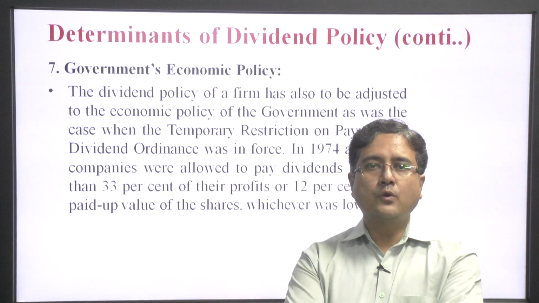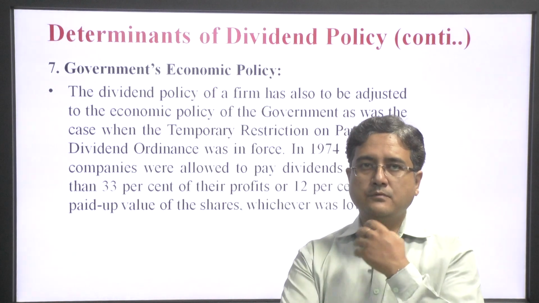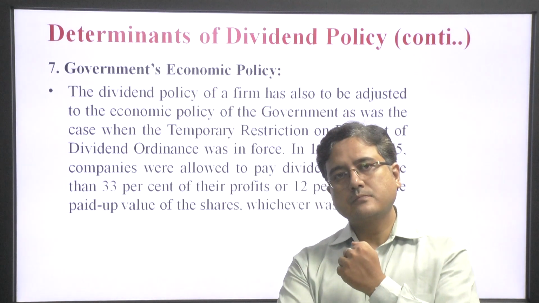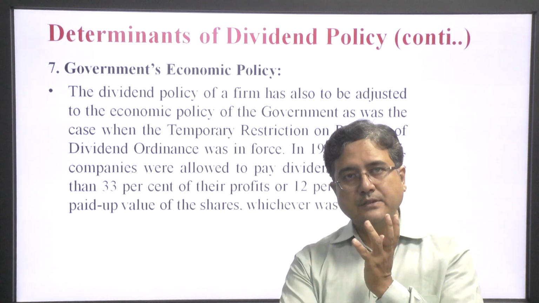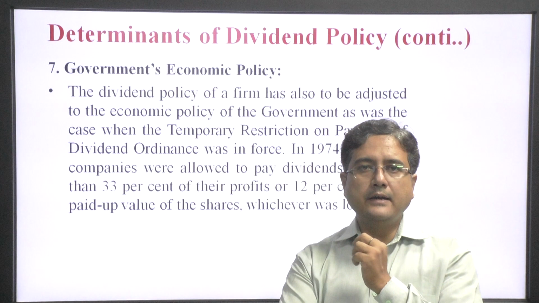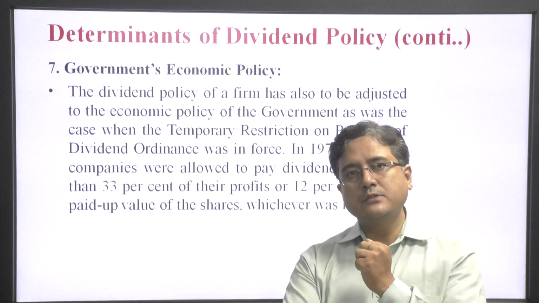and government economic policy has changed accordingly due to various factors. This was the case in 1974 and 1975, when our country was in a very tough situation.